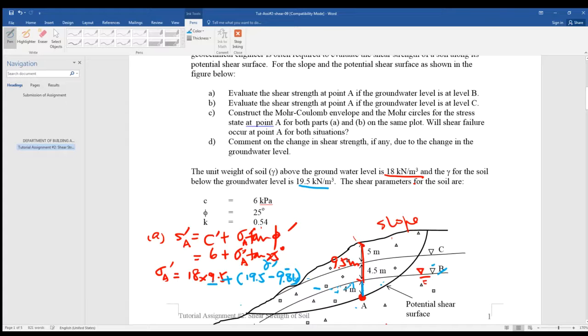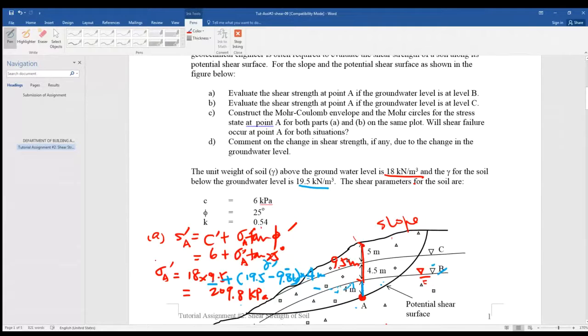Times 4 meter, right? So that gives you 209.8 kPa. Okay.